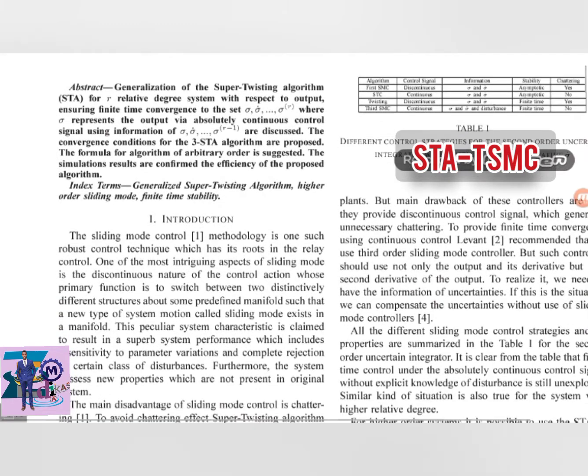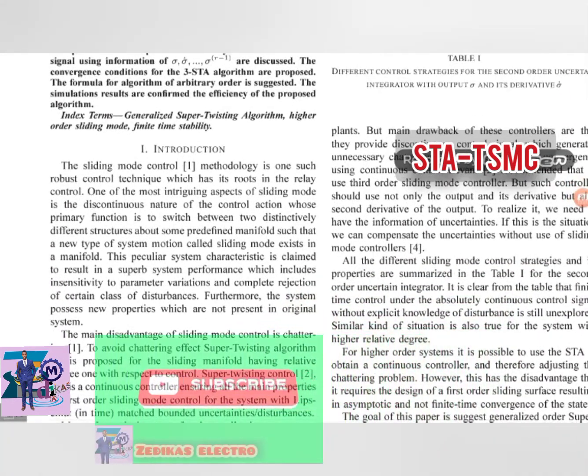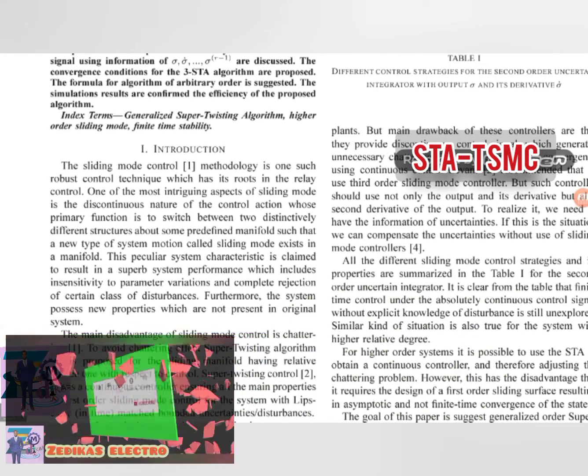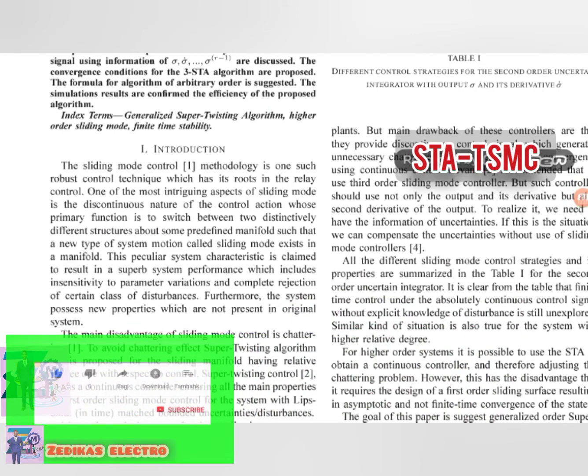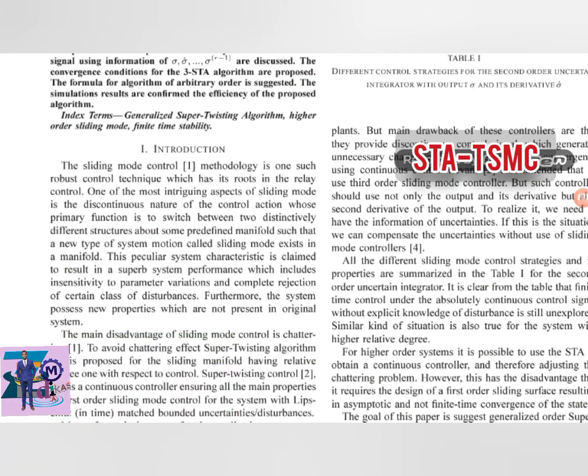You may have an opportunity to look at such papers from journal sites, like IEEE Xplore, Library Genesis, and many other research paper uploading sites. Go there and search for papers based on the keyword super twisting algorithm, and you will see that algorithm abundant in many plant dynamics.